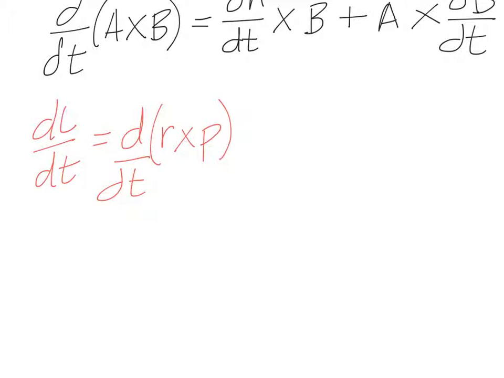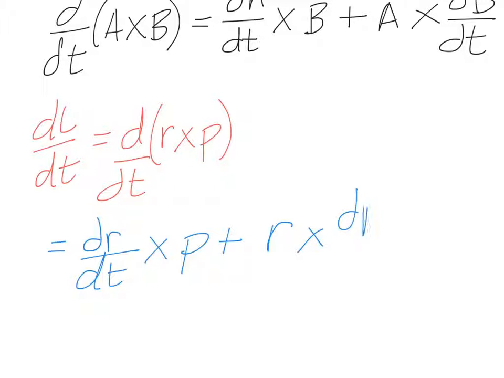And let's try to actually write it out. So we're going to do dr dt cross p plus r cross dp dt. And let's see what we come to get from this formula.